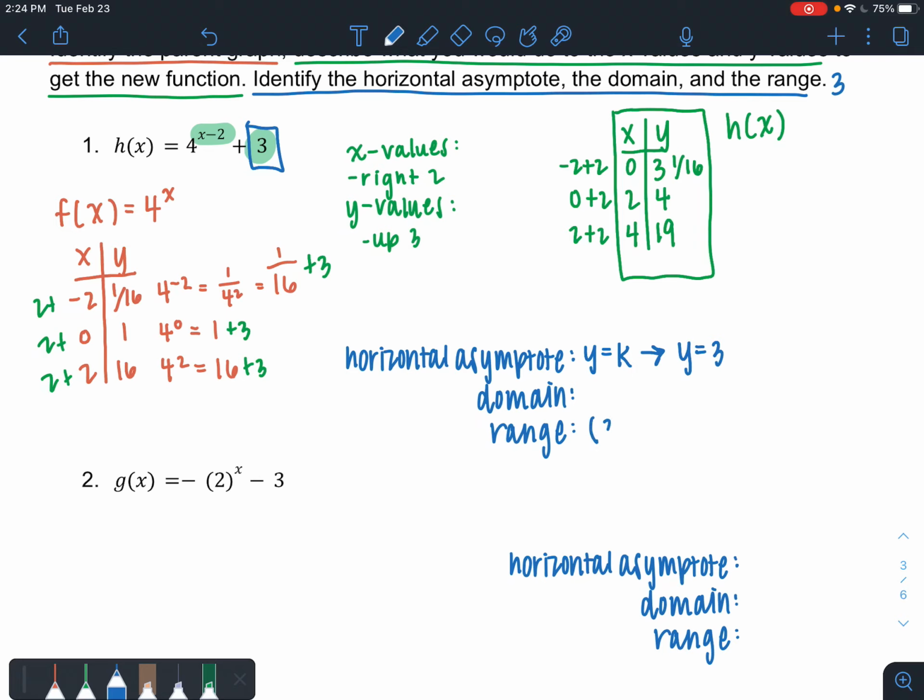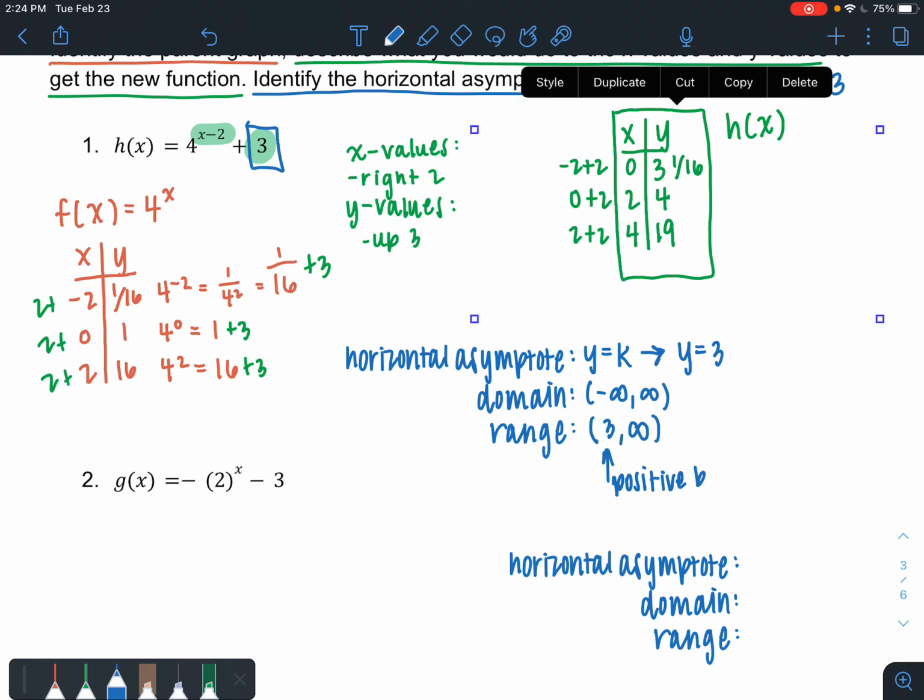Our range is going to go from that asymptote up to infinity, since we have a positive, or I guess positive b value. Okay, and then our domain is just going to be negative infinity to infinity. There's nothing we can't plug in.